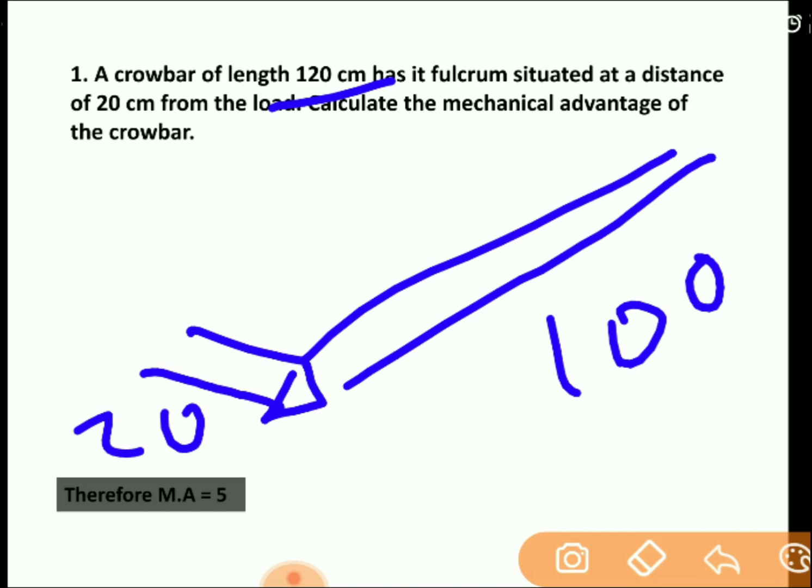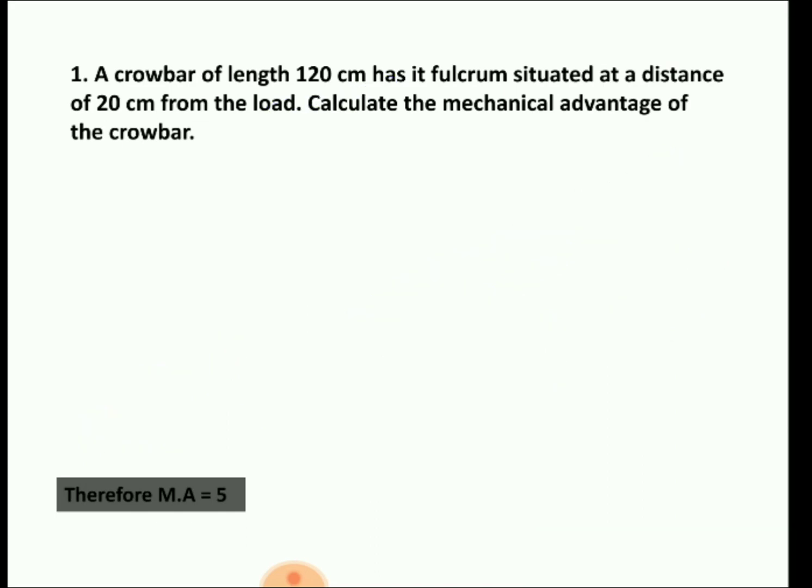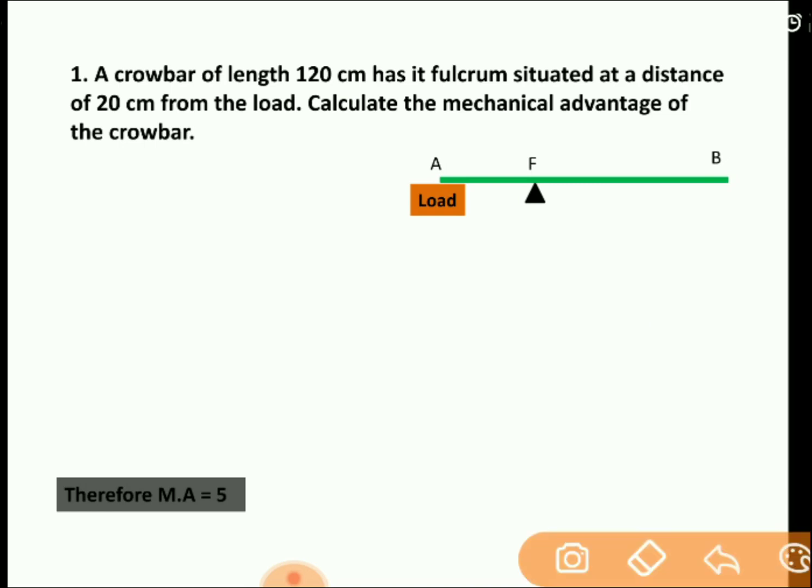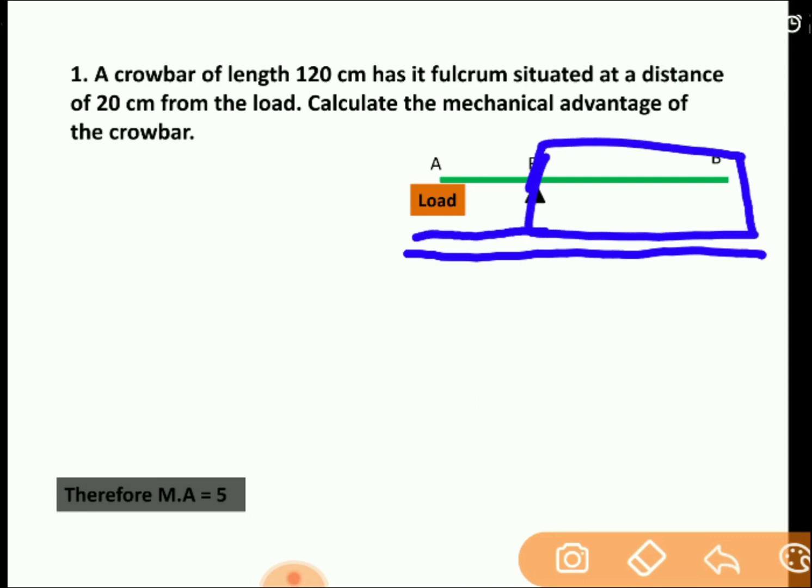We cannot draw it like this in our copy, so let this be our crowbar. If this is the load, this is the fulcrum, this is 20, then from here to here 100, so total it becomes 120.